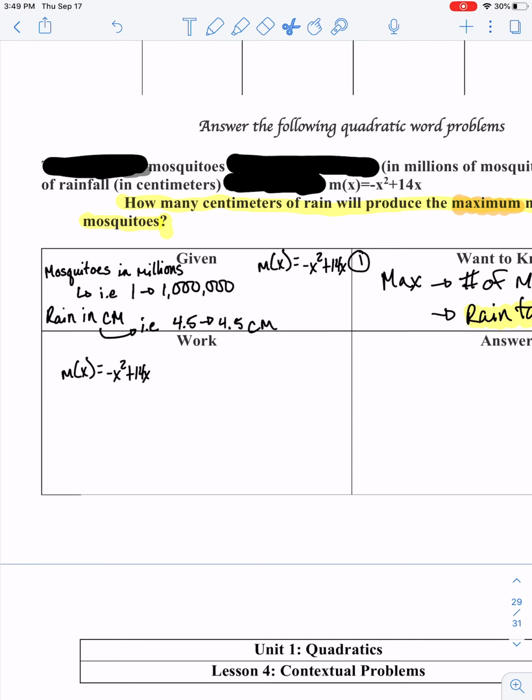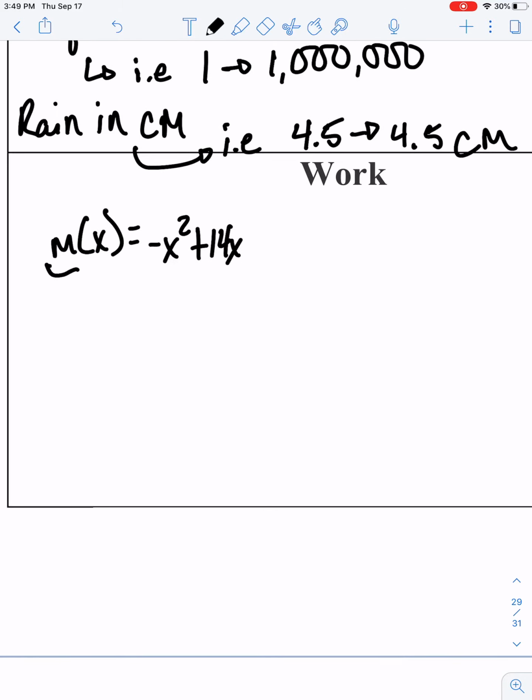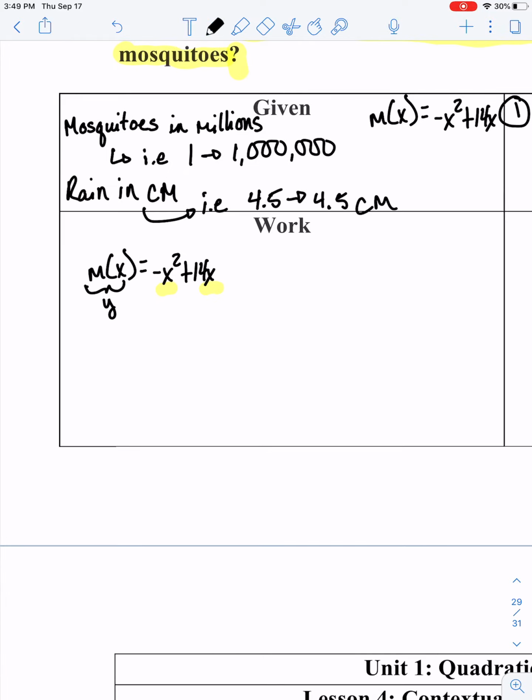All right, m of x, at the end of the day, guys, is just my y. And then x's are just x's, okay?